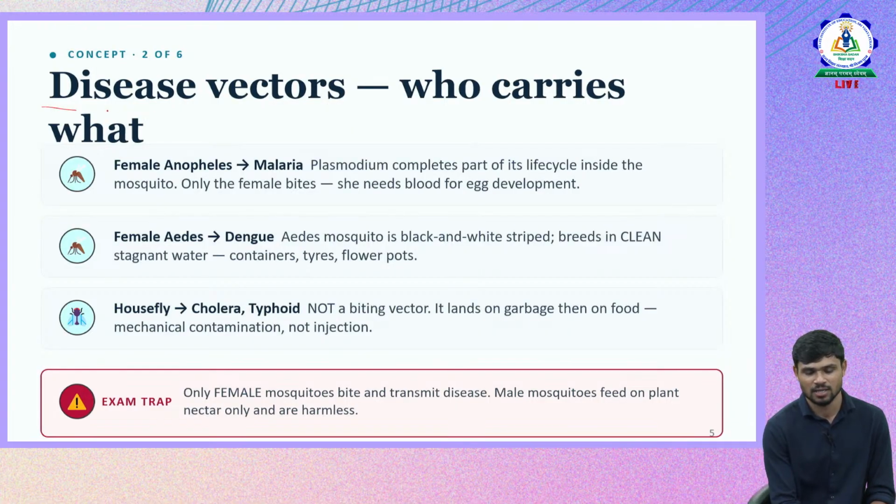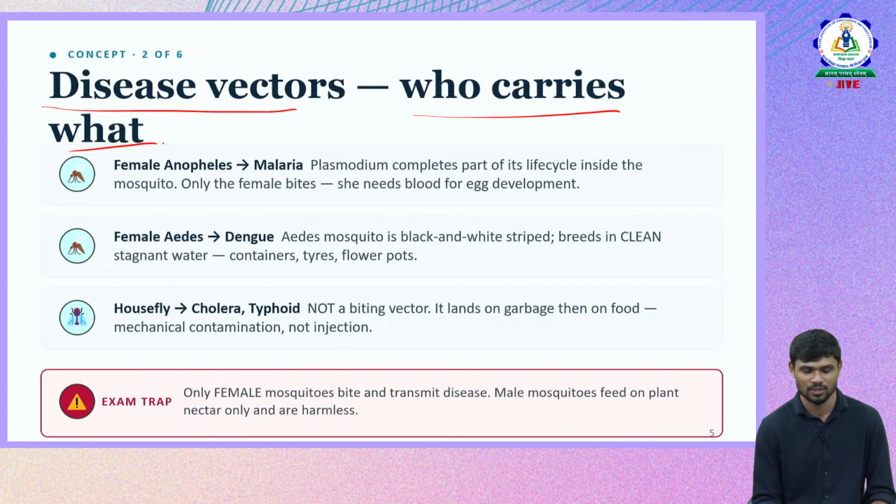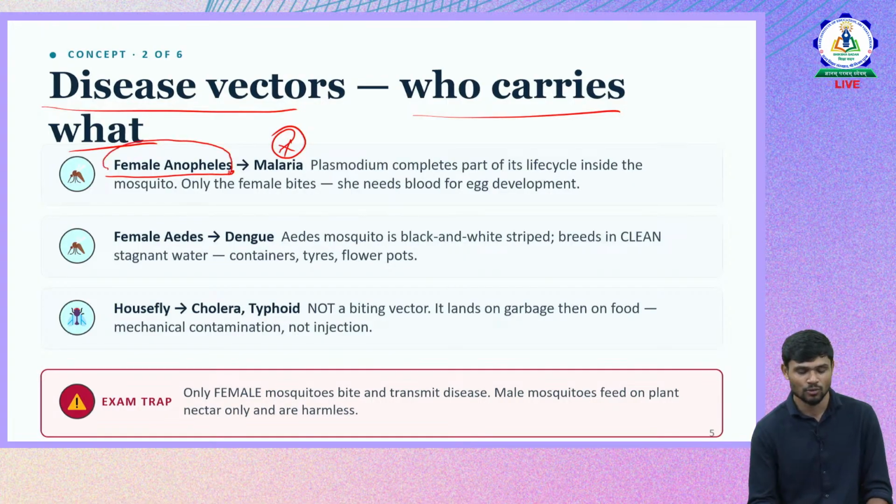Now diseases and vectors: which organism carries which pathogen. With respect to malaria, very important, it is the female Anopheles mosquito. You have to remember this name because questions on malaria are repeatedly asked. The female Anopheles mosquito is the carrier, the vector, for malaria.